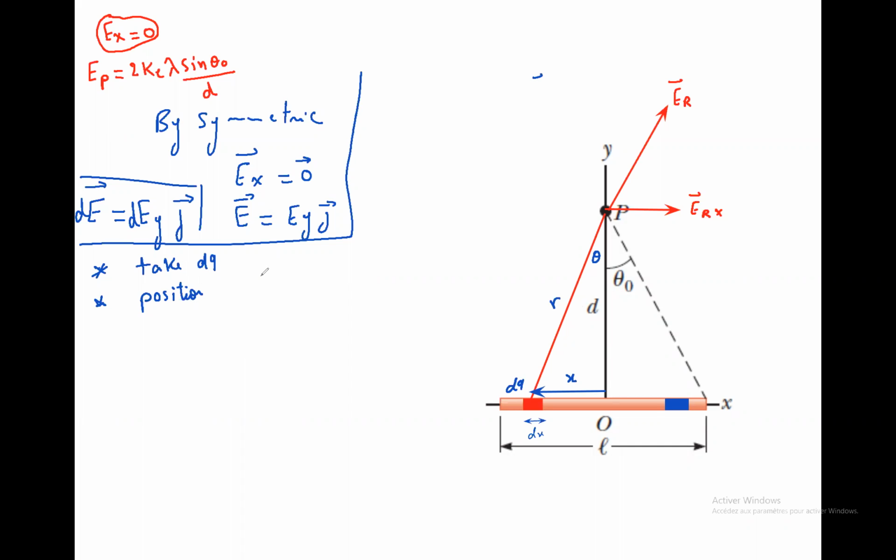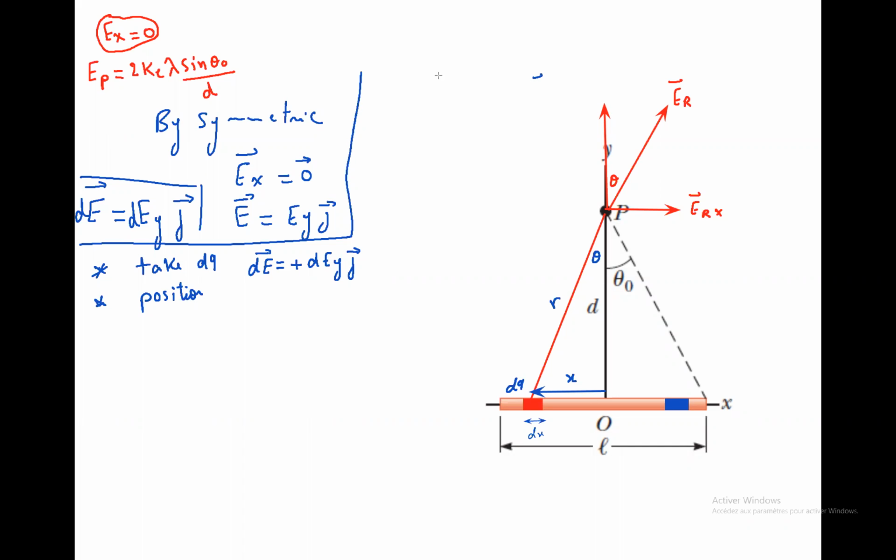Okay, so dE equals dEx plus dEy in the J direction. Let's draw here the y component. Here we have dEy with the angle theta here. So this one is angle by opposite angle.